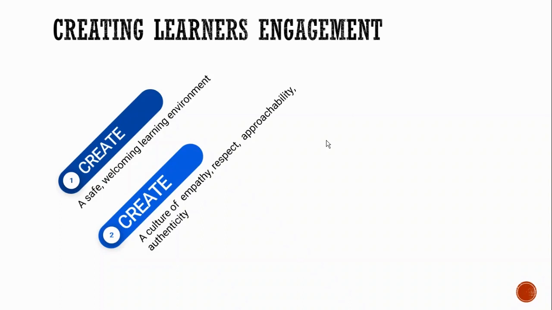That's how you bring about learner engagement. You need to be authentic as a trainer. You need to make yourself approachable to these learners. And of course, you need to have empathy. You need to put yourself in their shoes as learners. And of course, respect. Respect is two-way.